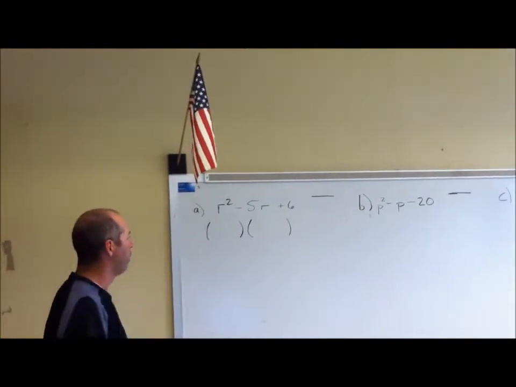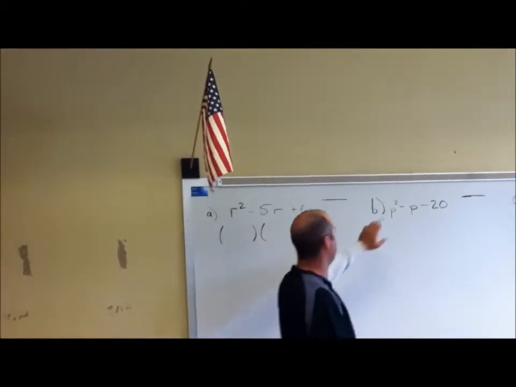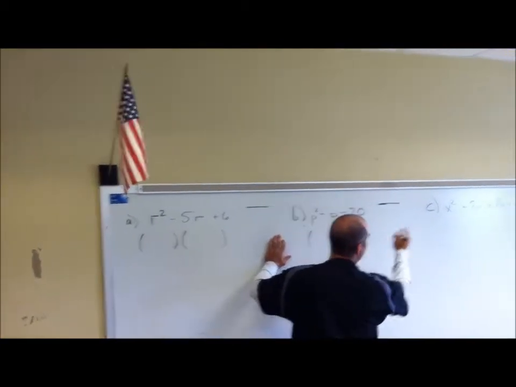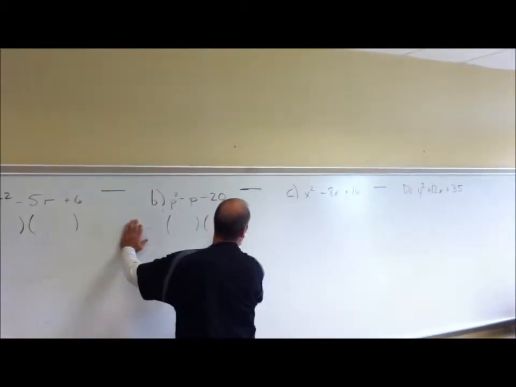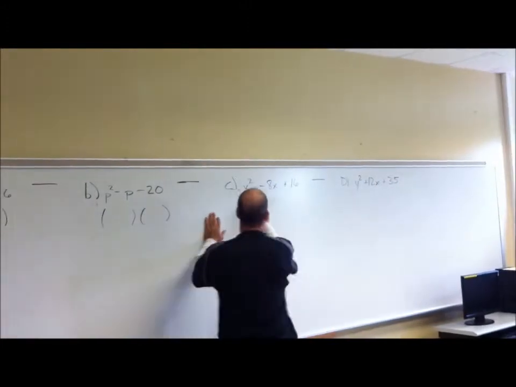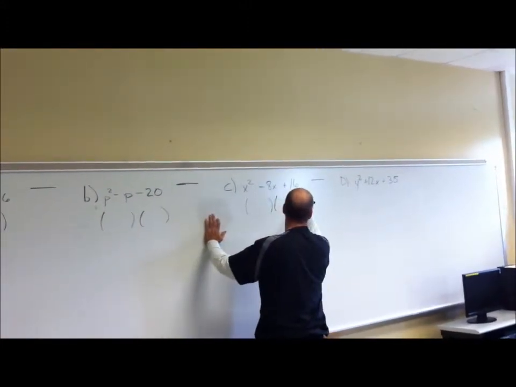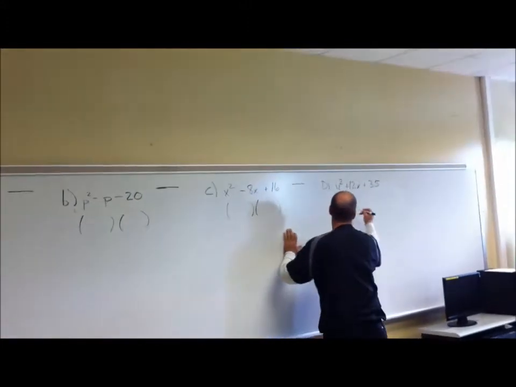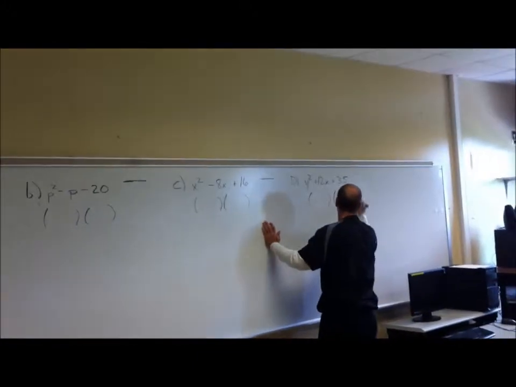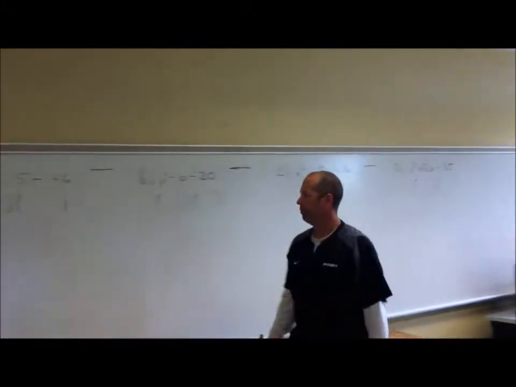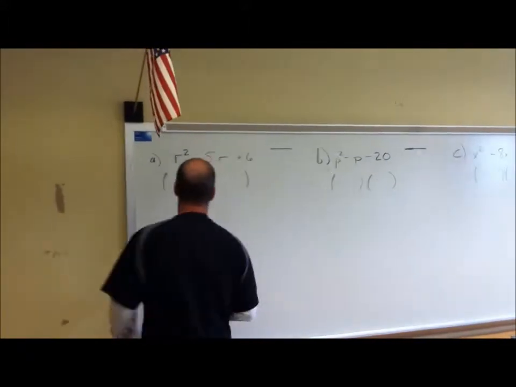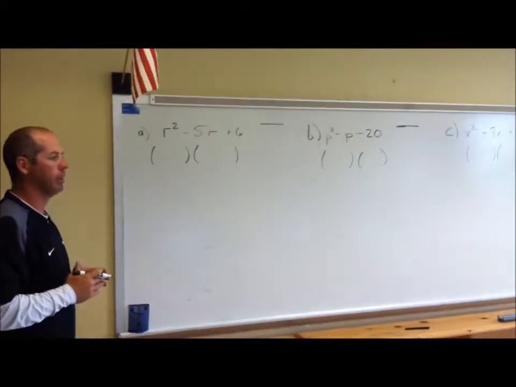So for all these four problems, we've got r squared, p squared, x squared, and w squared. Our first step is just to write our parentheses. Okay? Now, if it doesn't have a leading coefficient, the next step's very easy.